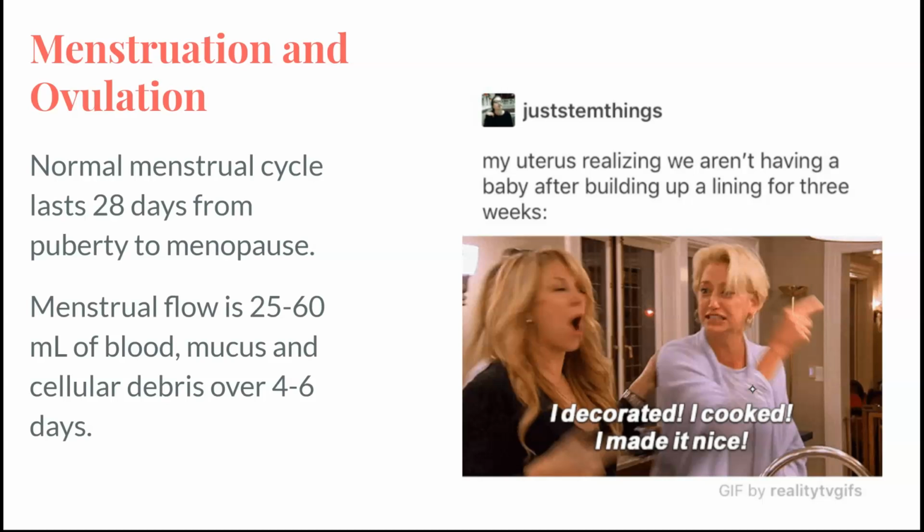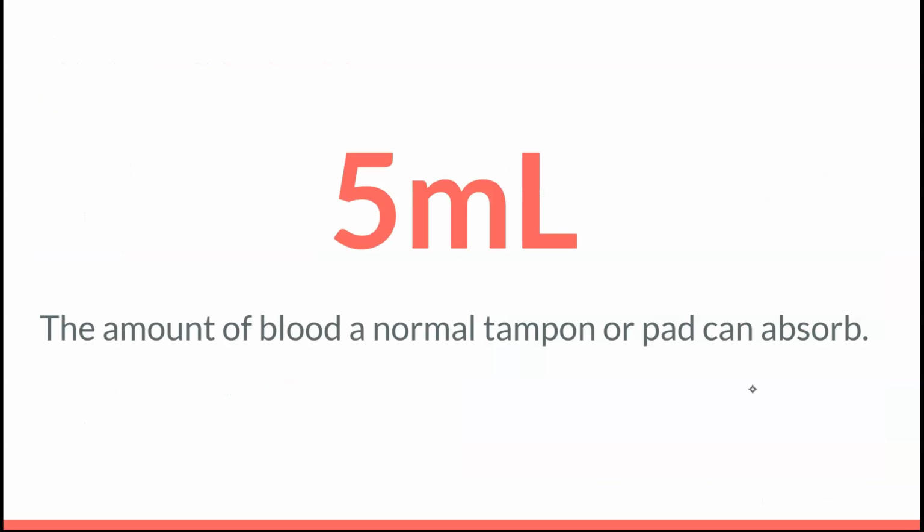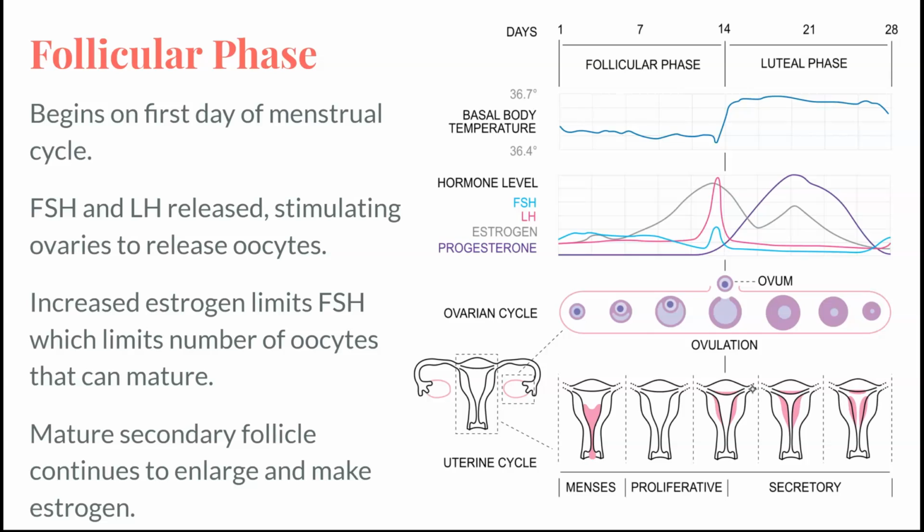Especially if it's 60 milliliters over 6 days. That's 10 milliliters of blood a day, if you max that out. If you're doing 50 milliliters in an hour, there's some sort of hemorrhage going on, okay? Knowing this number can help you gauge how much bleeding is going on and determine how serious this situation is.